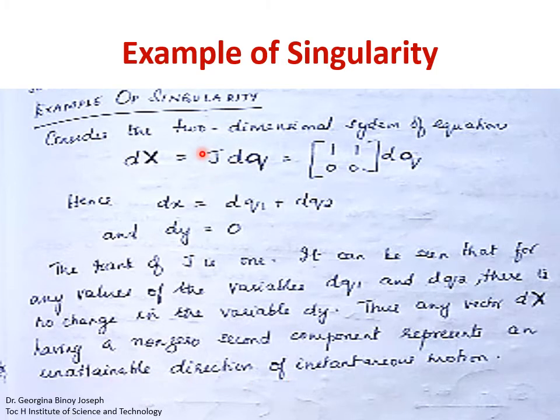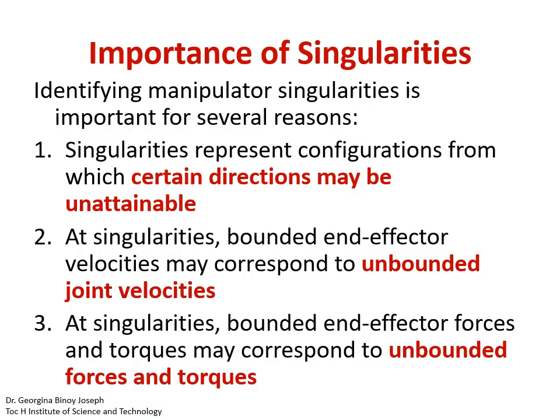This Jacobian itself is not a constant. It keeps varying with different configurations of the robot. So if the Jacobian is like this, we are not able to show an instantaneous motion in the y direction. This is an example of a singular configuration, or a singularity. Now, what is the importance of singularities? Identifying manipulator singularities is very important.